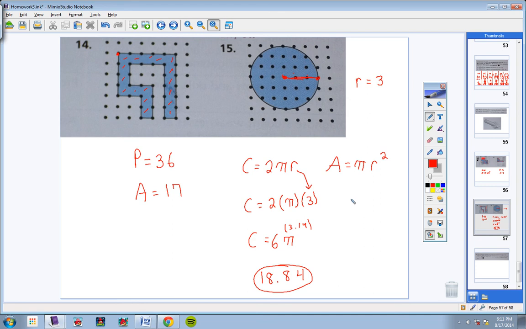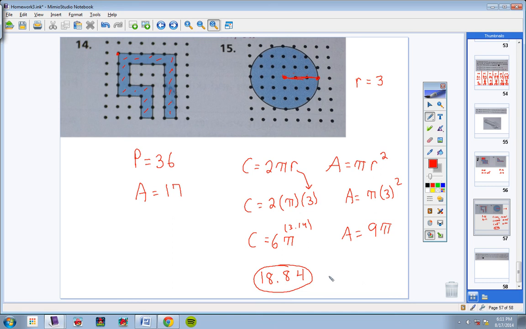Now the area of the circle is going to be pi, and then r, and then squared. So if I asked you to write your answer in terms of pi, well, 3 times 3 is 9. You would simply write 9 pi, and that's your answer.